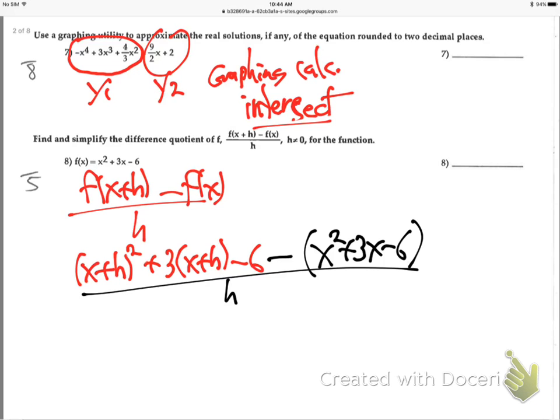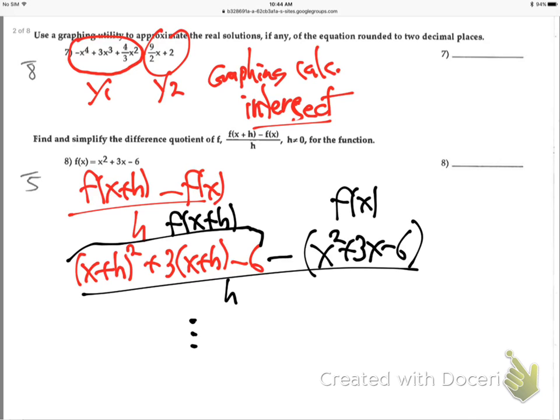Everybody see what it did? So this is f of x. This all is f of x plus h. Good? Like that? Then you just got to do a bunch of messy algebra. Yeah, I'm just going to go dot, dot, dot. Just crank out the algebra on that.